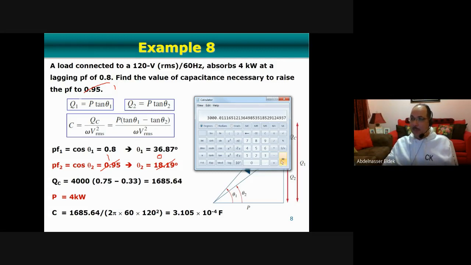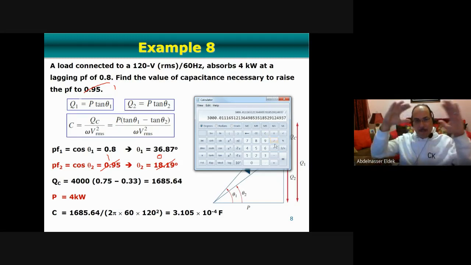This is the numerator, because tan theta 2 will be 0, since tan 0 is 0.